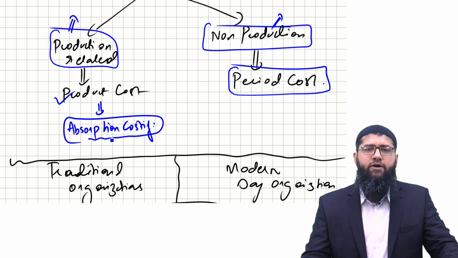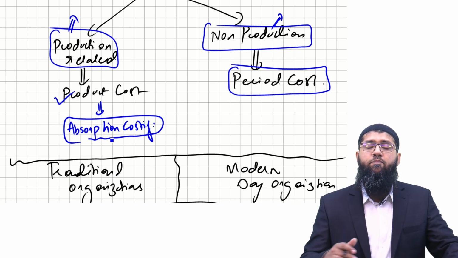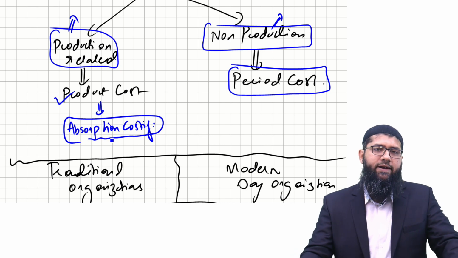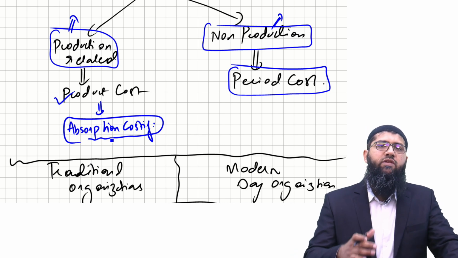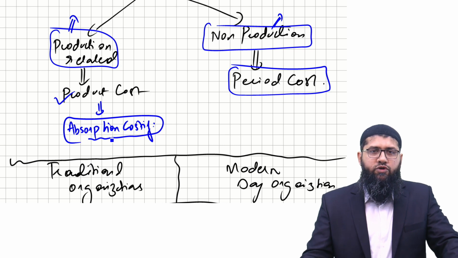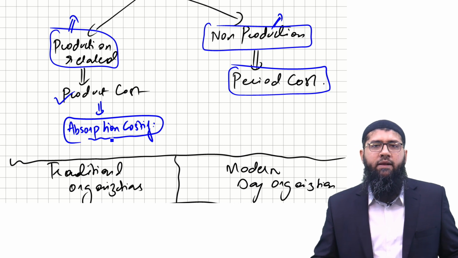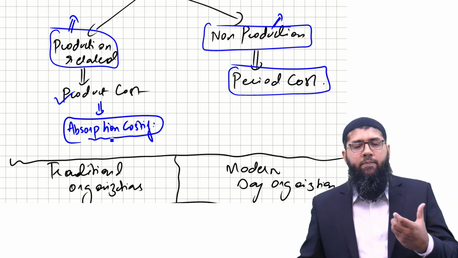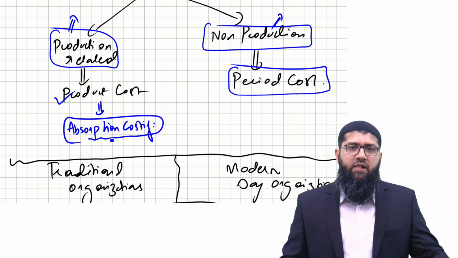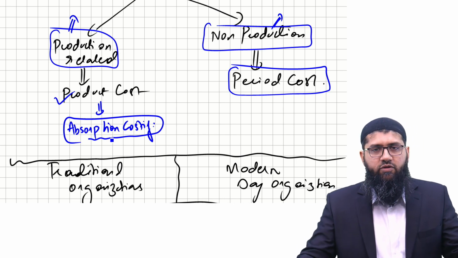But over a period of time, there have been changes in the way organizations operate. As a result, absorption costing started to become an obsolete method of absorbing overheads, and activity-based costing was introduced.